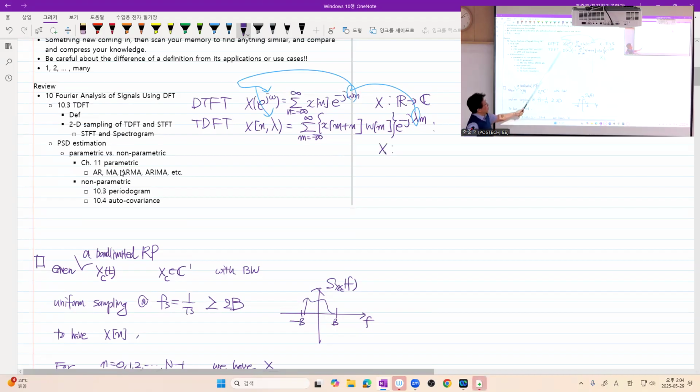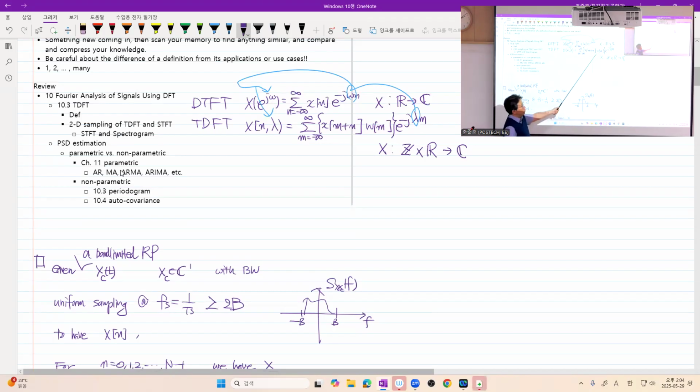Even though we use the same name, the upper one is a single variable function and the latter one is a 2 variable function. Here, n is an integer, and we have a Cartesian product of the set of integers and the real numbers. And again, the range is the complex numbers.